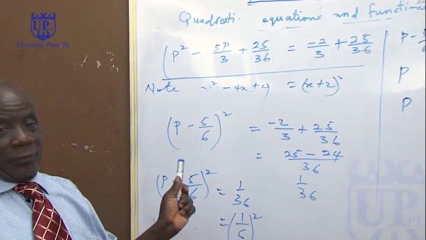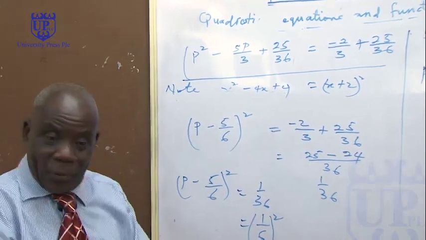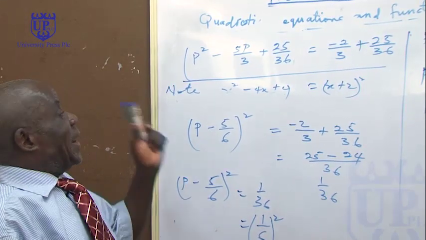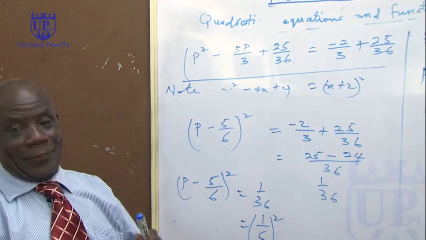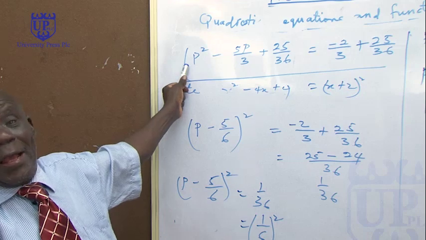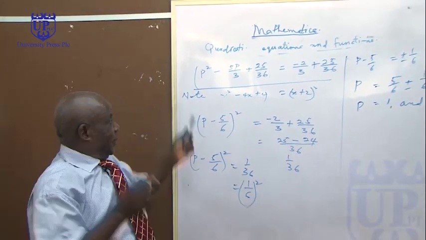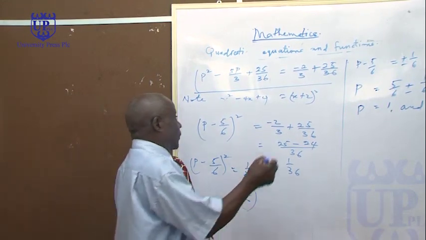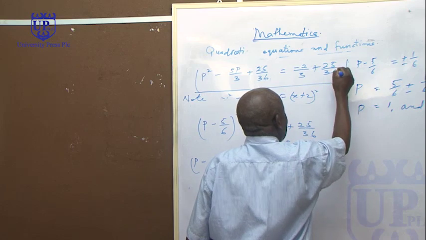No mark for that one. If you like, you can leave it there, but you are going to get another expression. Then the second step, divide through by 3. You are making the coefficient of p squared a unit, that is 1. They give you B1. There is a bonus of 1 mark.